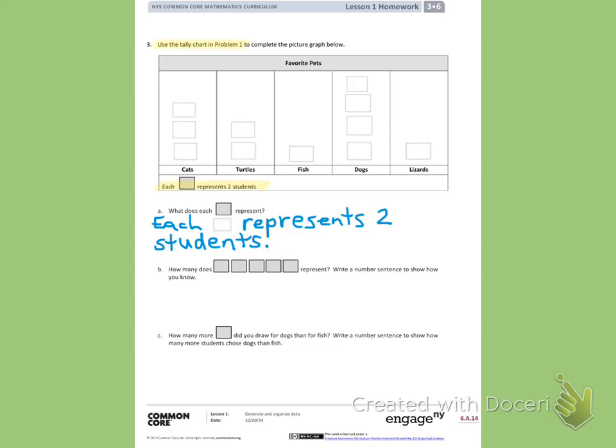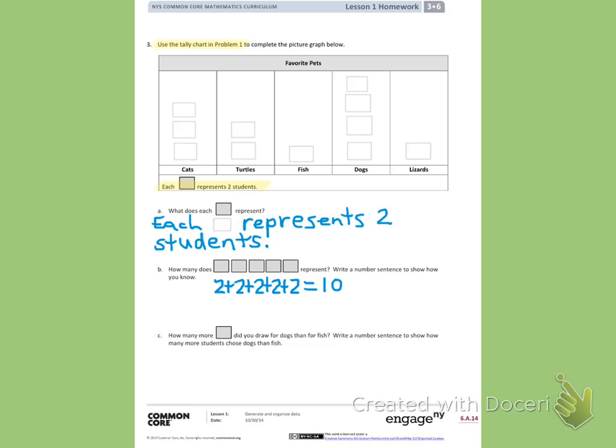How many does 5 squares represent? Write a number sentence to show how you know. 2 plus 2 plus 2 plus 2 plus 2 equals 10.